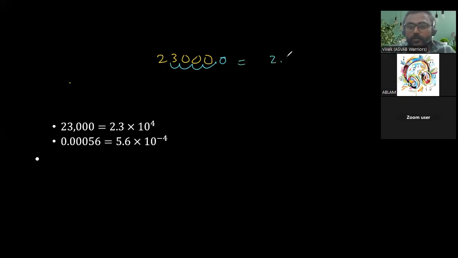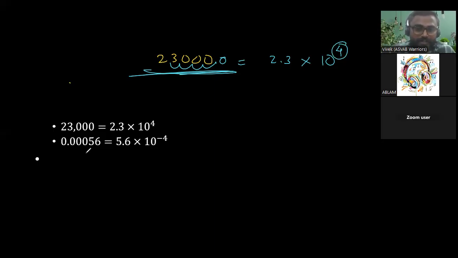So this will become 2.3 times 10 to the power 4. Because this number was greater than 1, I'll put a positive power. If the number is greater than 1, you will take a positive power of 10, and the power will be the number of digits the decimal place has moved.